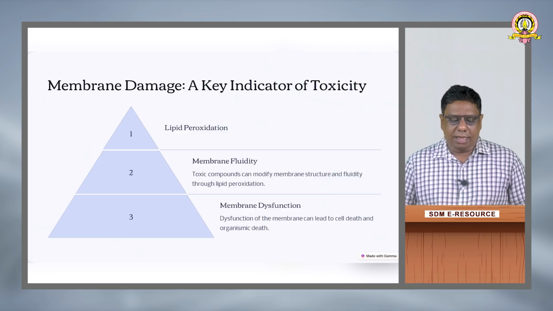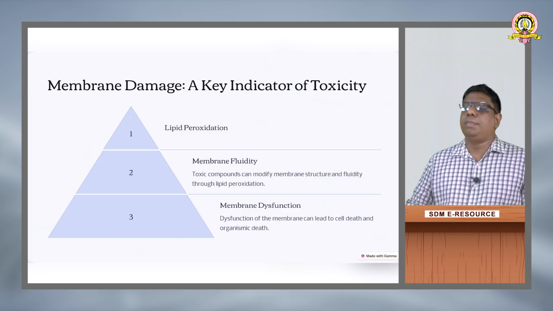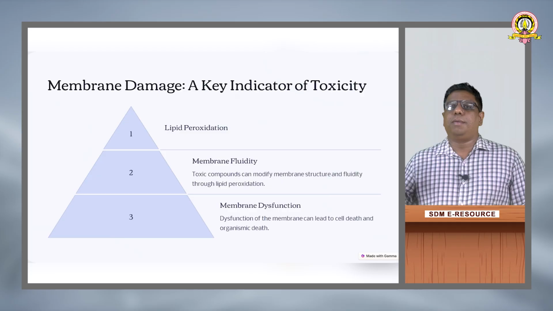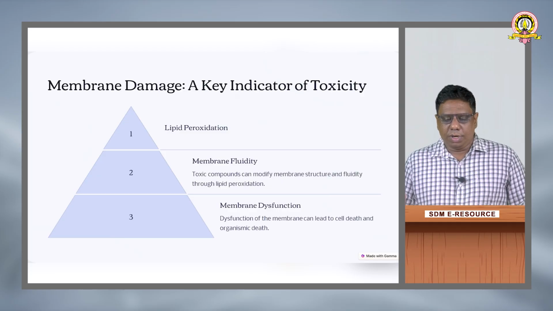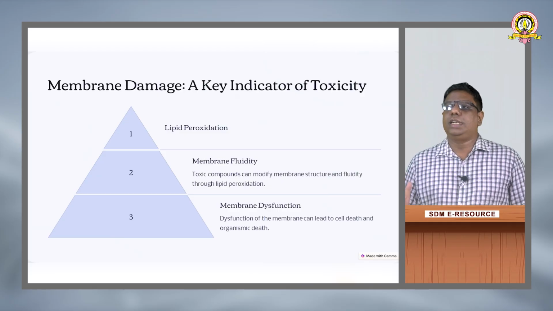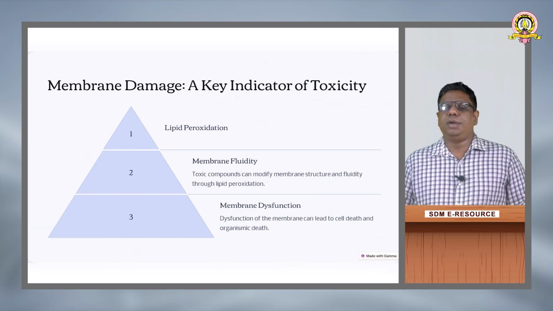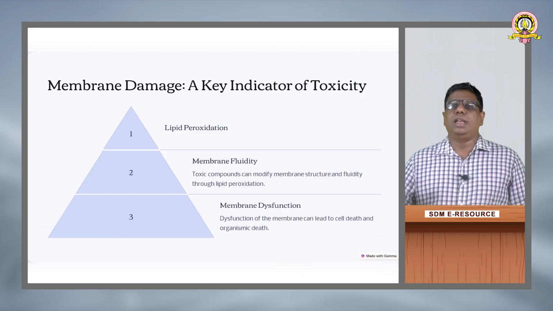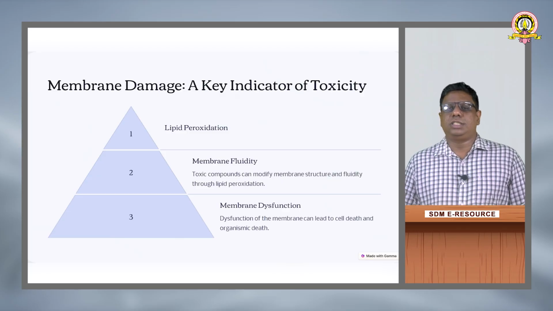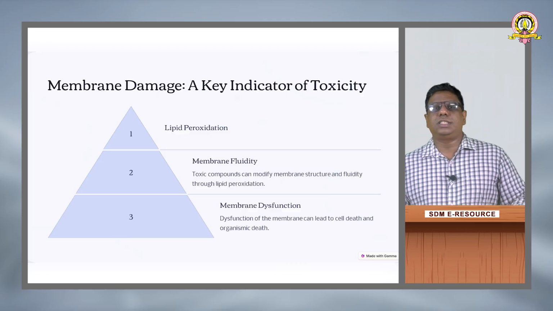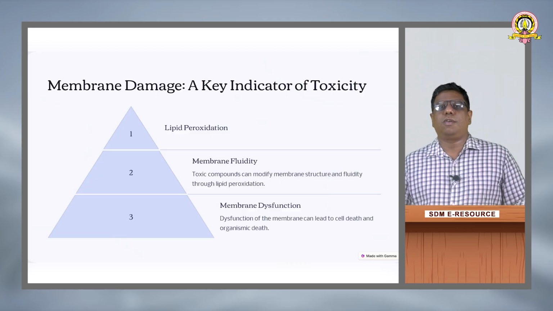Today we will be exploring the membrane damage that is caused by toxins or mutagenic agents. One of the important tests we use to detect this is lipid peroxidation. Lipid peroxidation is when lipid molecules are oxidized or broken down into smaller particles. This leads to production of superoxides or peroxides in the cell.